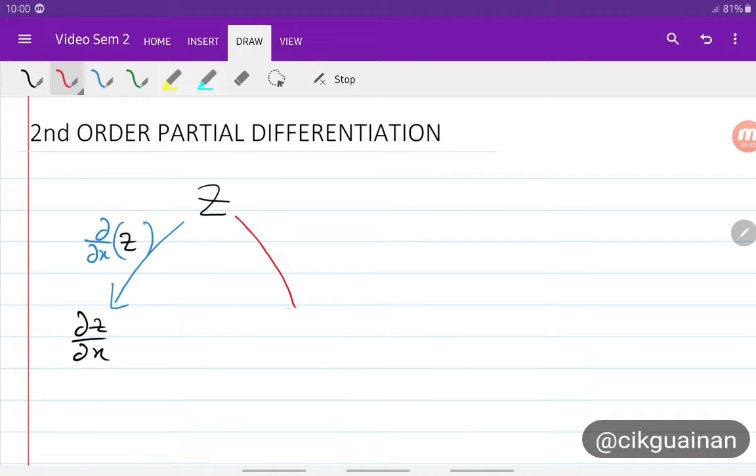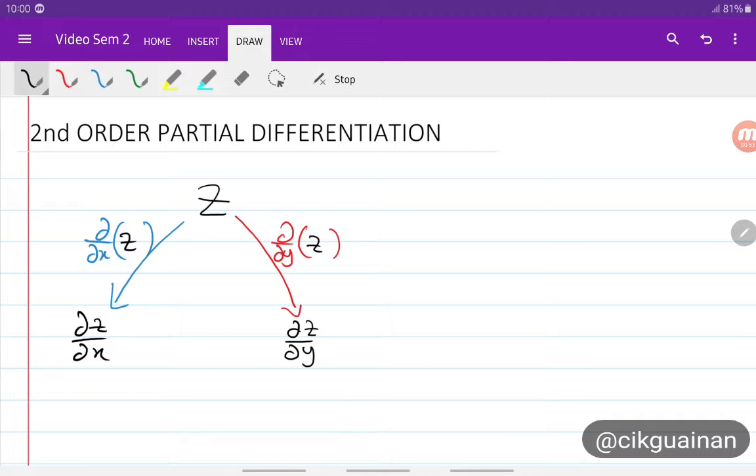And if we differentiate this function with respect to y, we get ∂z/∂y. These two are the first order partial differentiation.